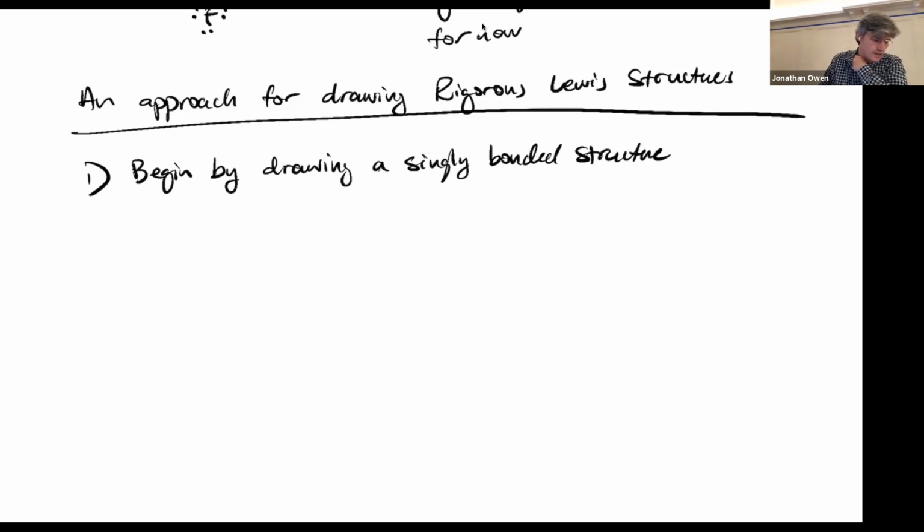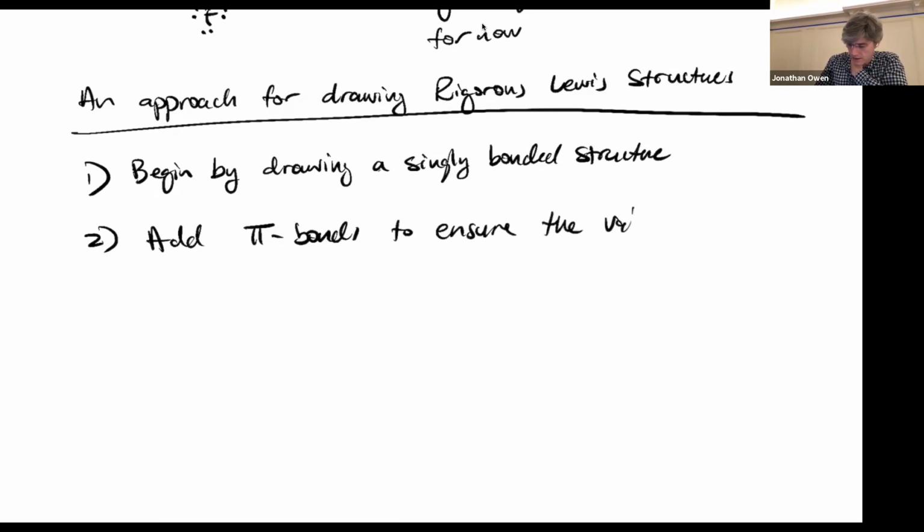So you can get up to octets and then switch over to natural resonance theory depictions after that. You can add pi bonds or double bonds to ensure that you have an octet.